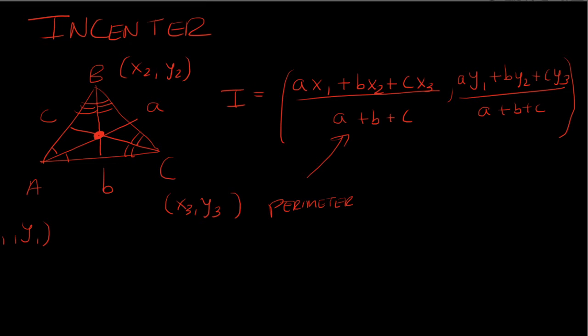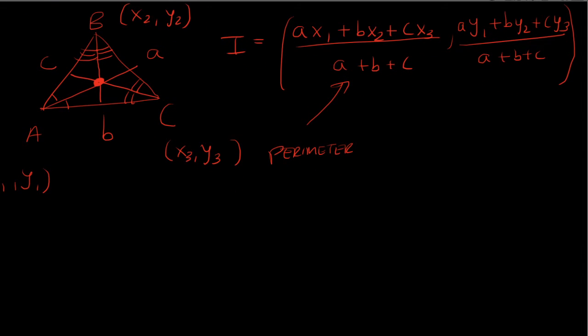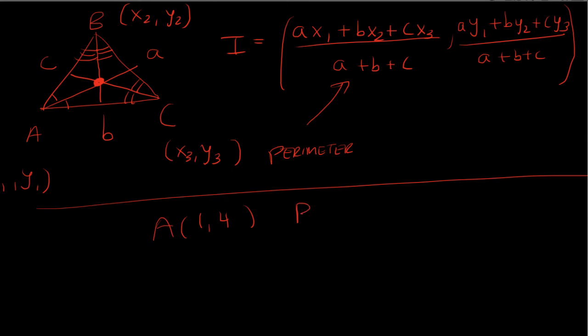Okay, let's look at an example now. Let's say we have A is 1 comma 4, B is 3 comma 2, C is 8 comma 6. So I would graph this.